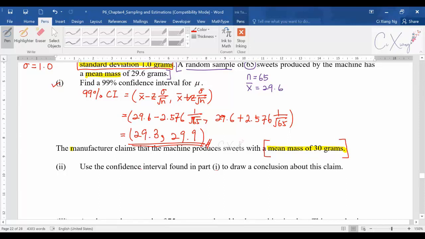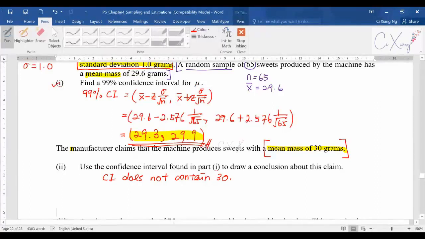They are talking about 30. If you look at the confidence interval that you calculated just now, does 30 lie between 29.3 and 29.9? It does not. So very obvious, you can see that the confidence interval does not contain the value of 30.